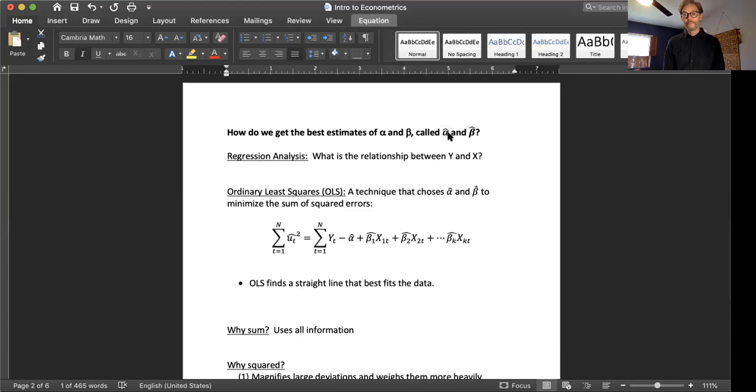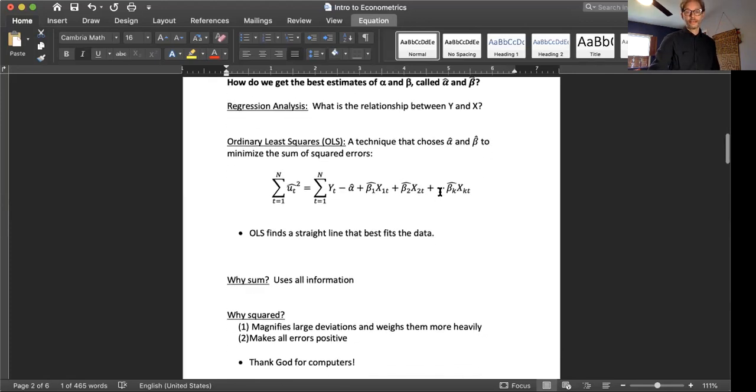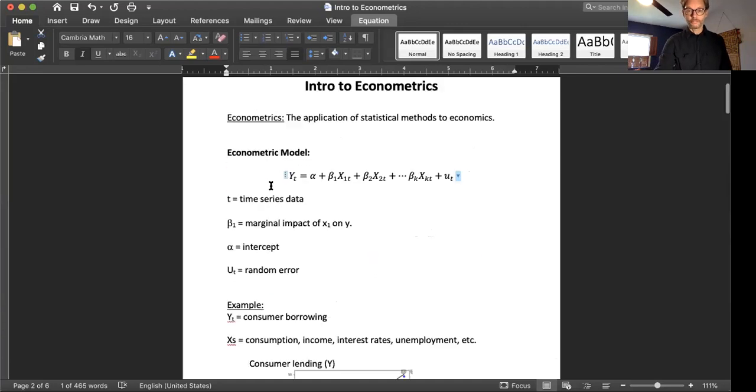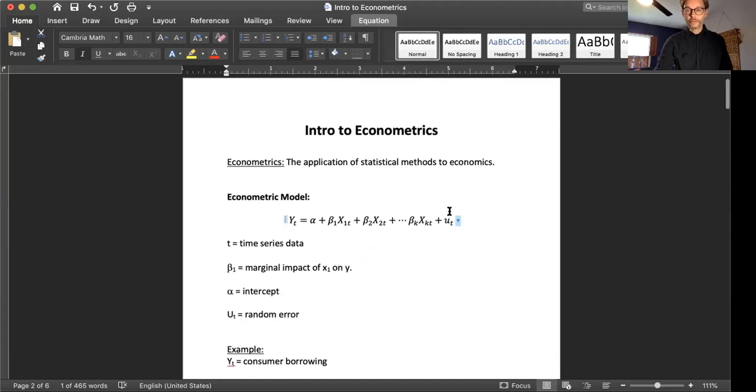The most common method of obtaining estimates for alpha hat and beta hat is what's called ordinary least squares, or OLS. Ordinary least squares is a technique that essentially chooses alpha hat and beta hat to minimize the sum of squared errors, right? So if we go back to this equation, what is ordinary least squares doing?